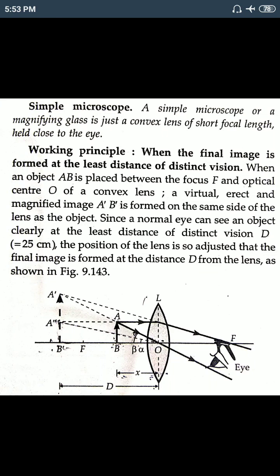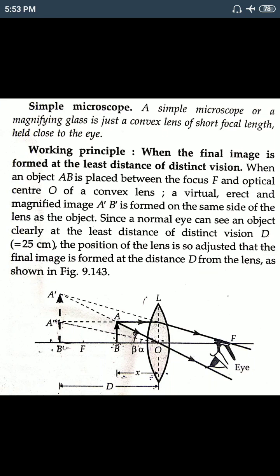So what is the expression of the magnifying power whenever the final image is formed at that distance? This distance is denoted by capital D, as shown in this figure.